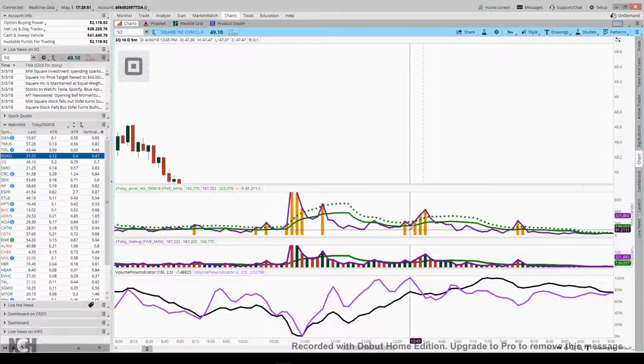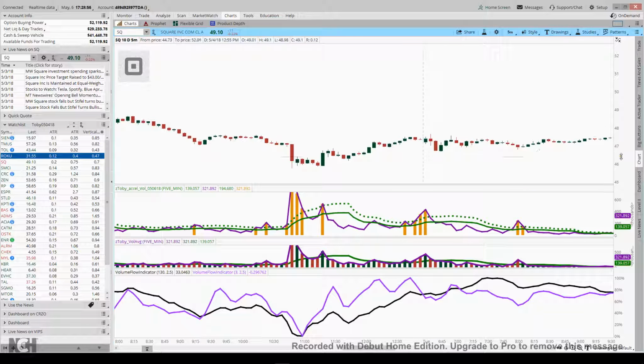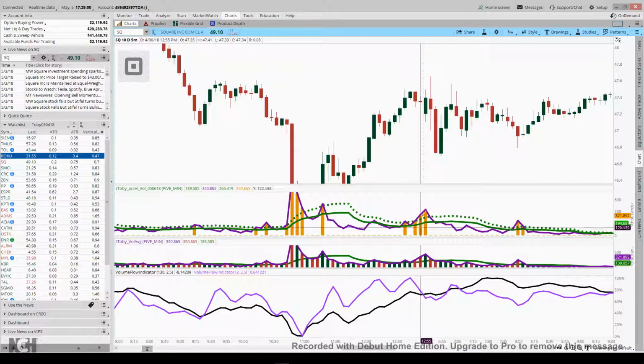Here's 2 bars, so let's look at that case. These are a little bit more tricky because the last bar of the day is an orange trigger bar, the second bar is an orange trigger bar, but the third bar of the day has no trigger bar.